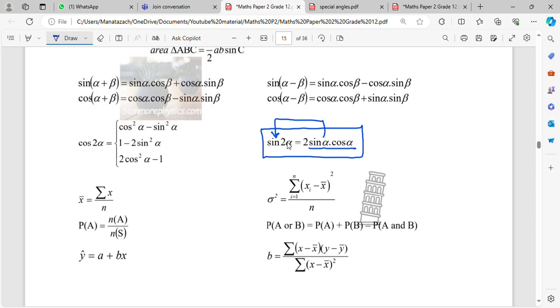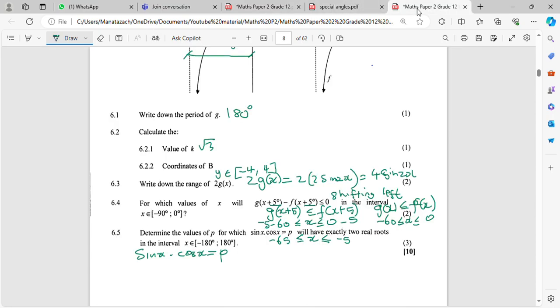Basically, that's what you're going to be doing. So going back here, this will be the same as half sine 2x, if you're going to simplify it in that format.